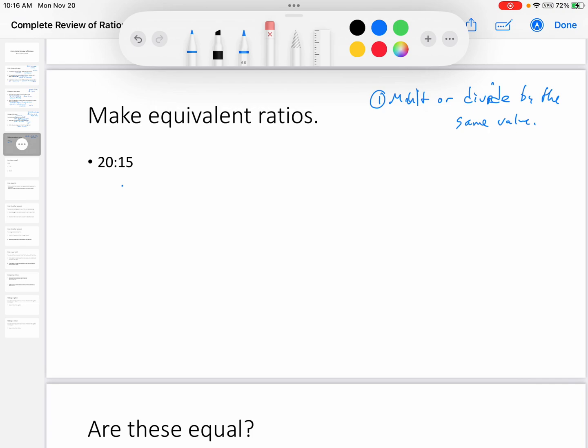Or I could multiply by something else. I could multiply by 7. 20 times 7 is 140. 15 times 7 is 105. Or I could divide. 20 and 15 are both divisible by 5. 20 divided by 5 is 4. 15 divided by 5 is 3. Any of these work? All of those are equivalent ratios.